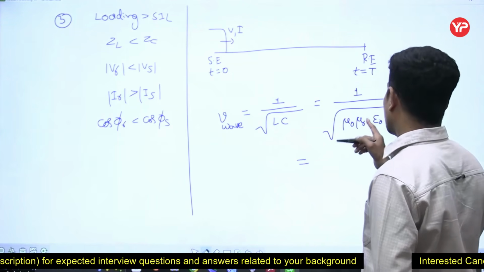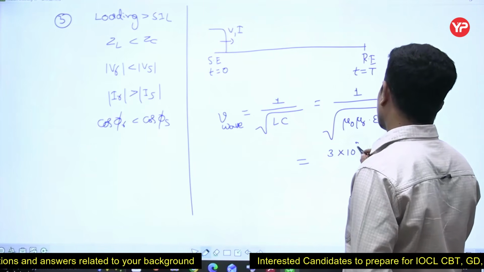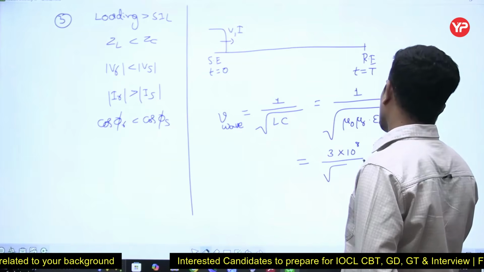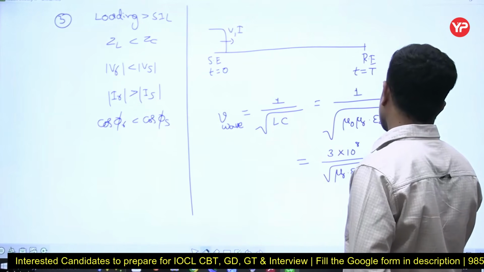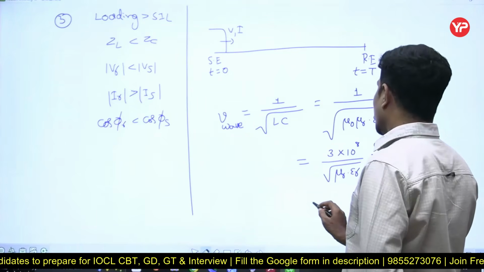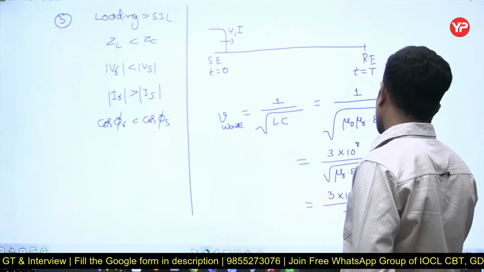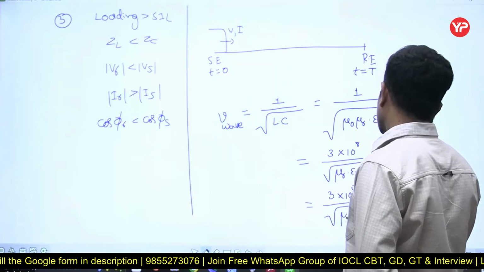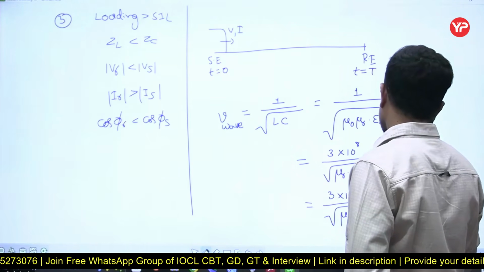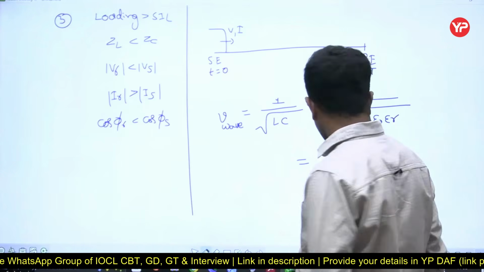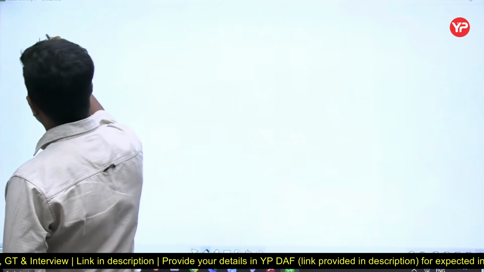If you substitute the values of mu naught and epsilon naught, you will get 3 into 10 to the power of 8 by under root of mu r into epsilon r meters per second. Sir, I wanted it in kilometers. That will be 3 into 10 to the power of 5 by under root of mu r into epsilon r kilometers per second. Next is wavelength, lambda.